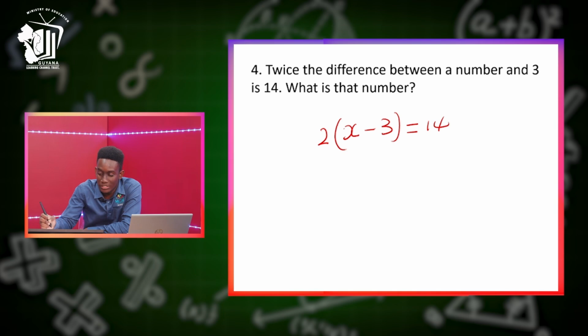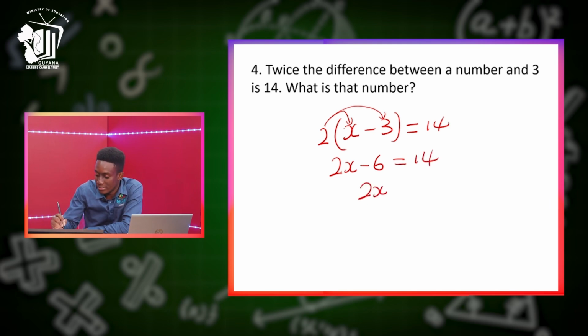So we have to solve for x. So what we can do, we can actually distribute this 2. So 2 times x will give you 2x, and 2 times negative 3 will give me negative 6. That is equal to 14. And then we solve from here. So this is 2x. So this 6 is subtracting. When we take it over, it will add. So 2x is equal to 14 plus 6.